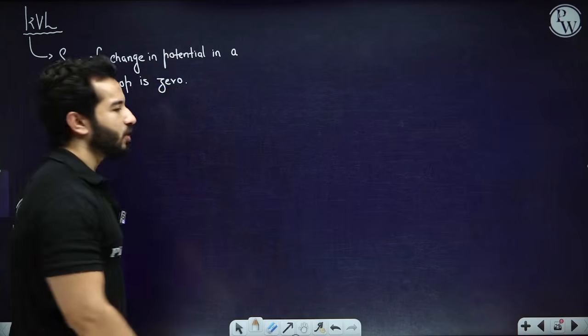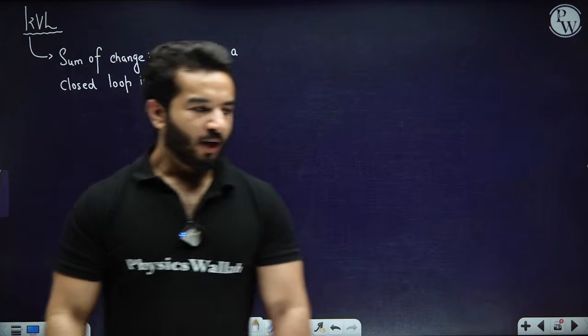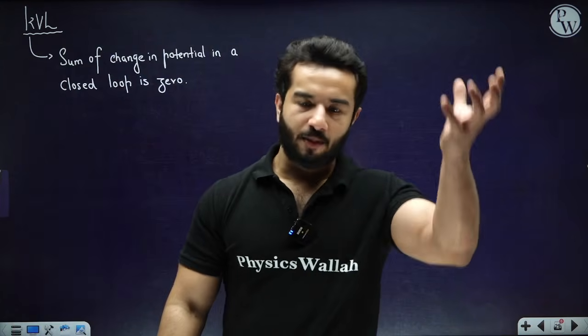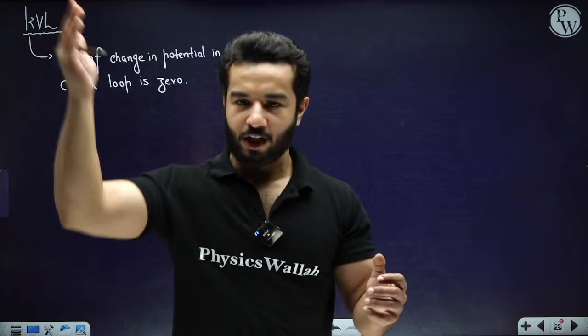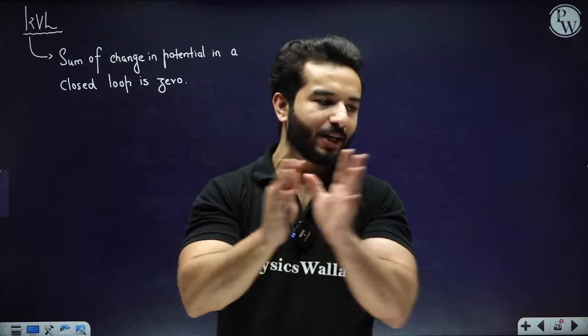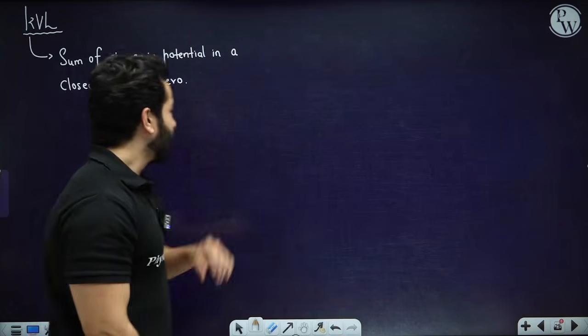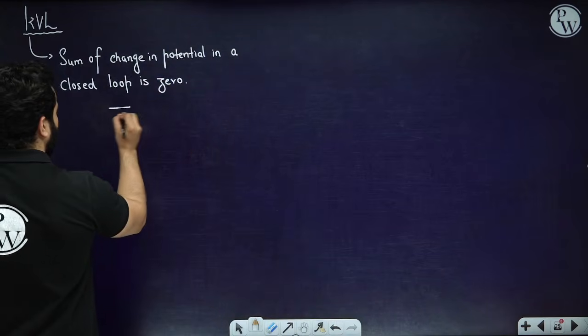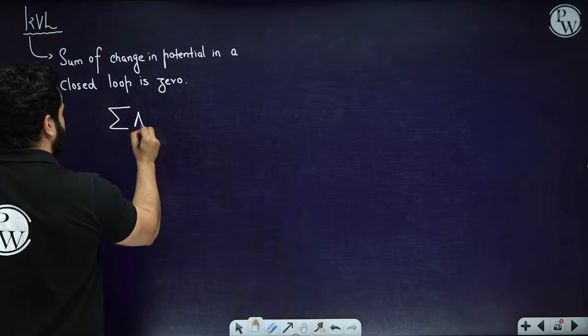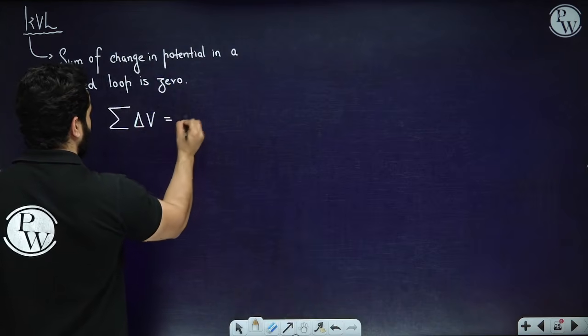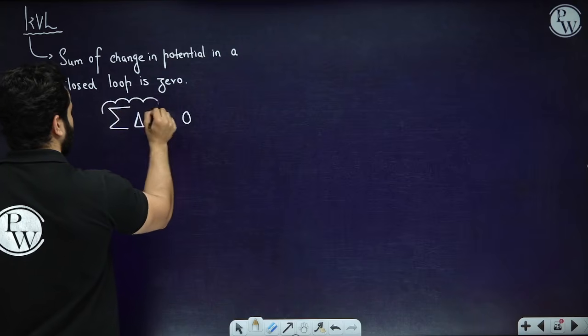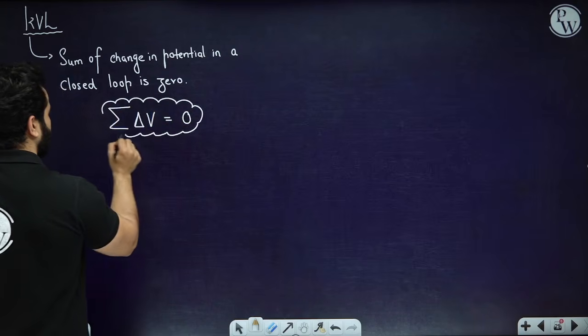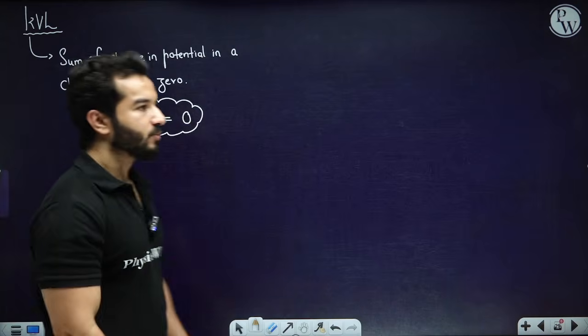And this is based on conservation of energy. If there are potential drops, there is going to be somewhere a potential gain. These things will add up and it will always be equal to 0, right? So the algebraic sum of all the changes in potential difference across a closed loop is going to be 0. All right.